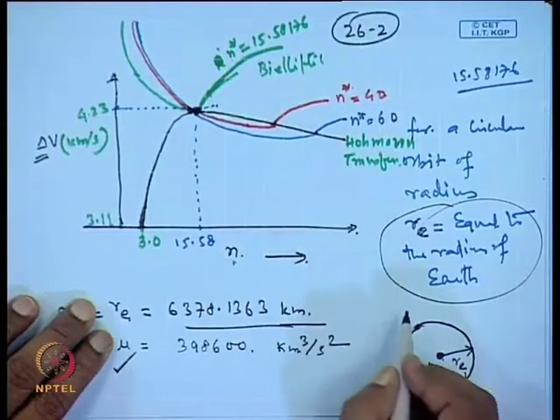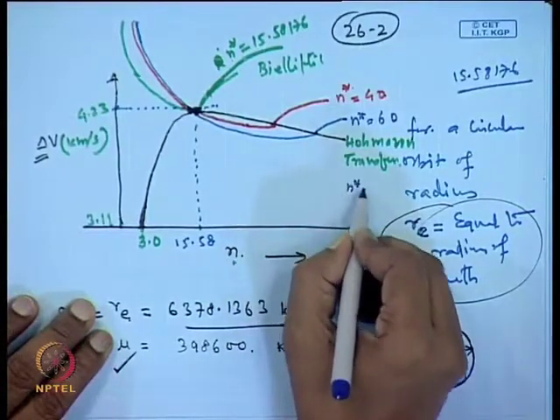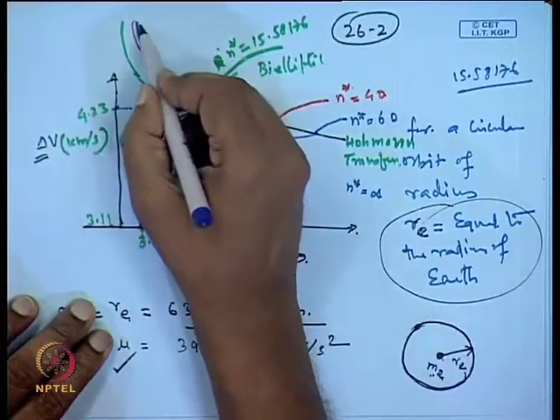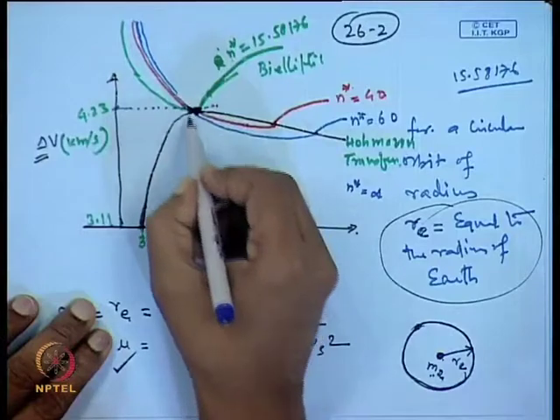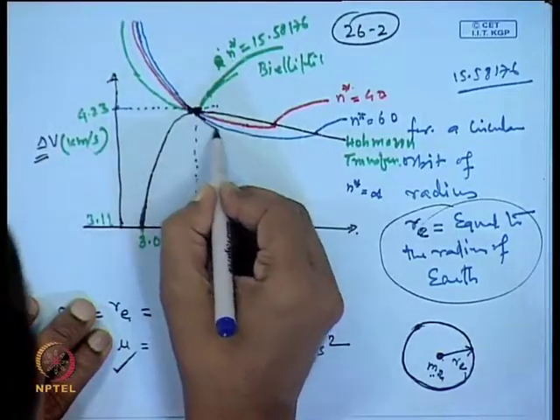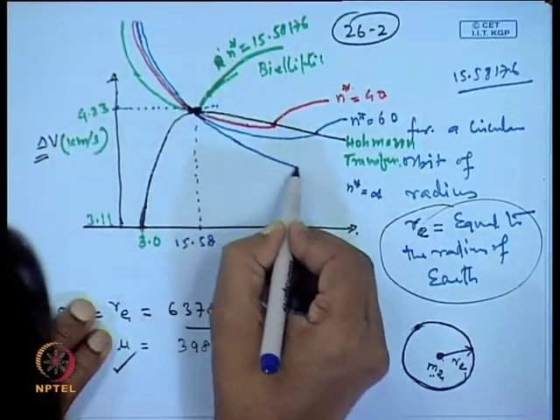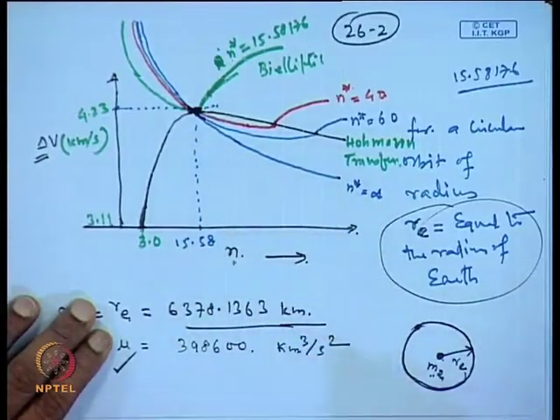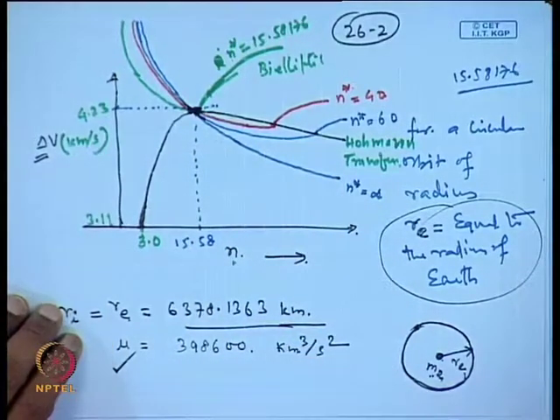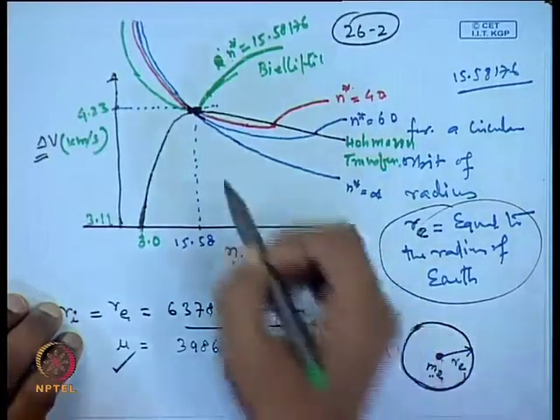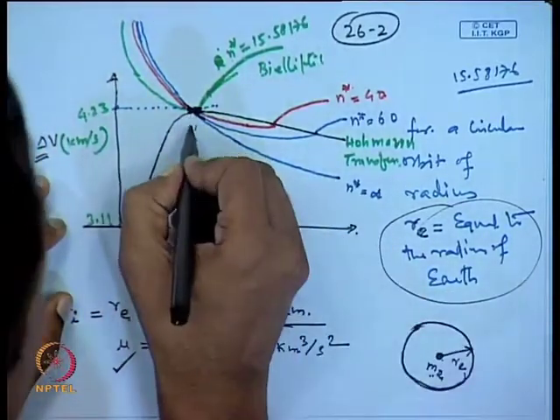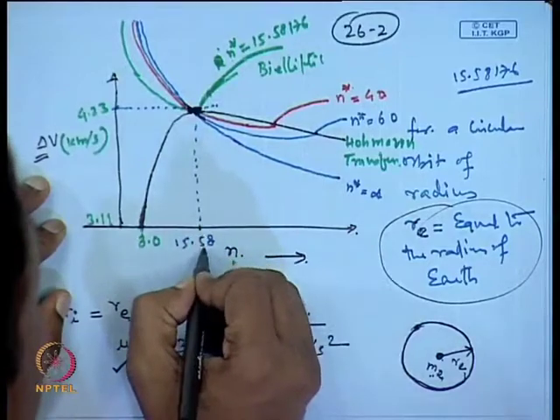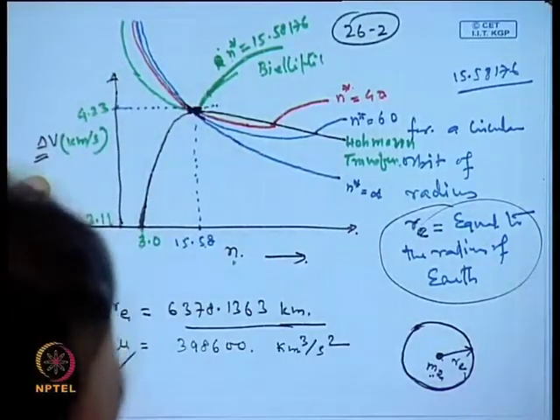And if we choose n star to be infinity, this curve results. This is a little shifted, this is not exactly in the same point. So, here the 15.58 point is there.